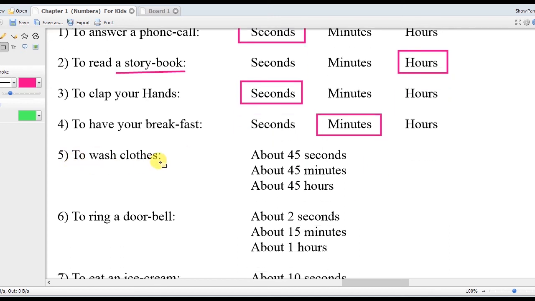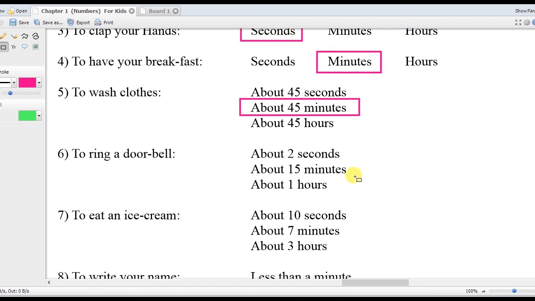To wash clothes. How long will it take you to wash your clothes? About 45 seconds, 45 minutes, or 45 hours? Normally it will take 45 minutes. To ring a doorbell.